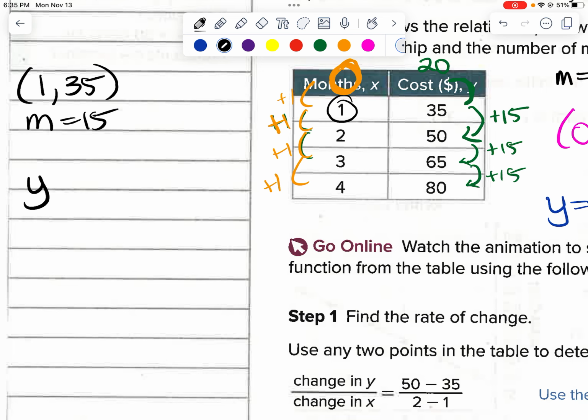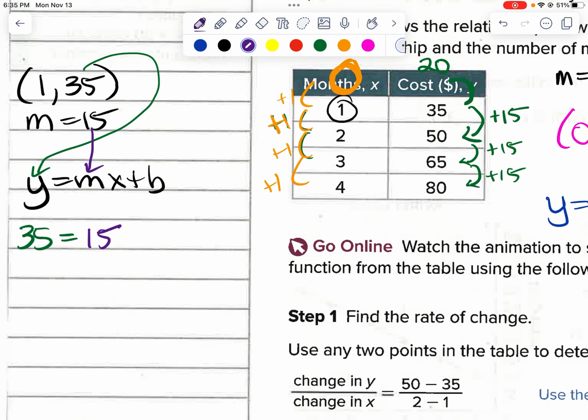We have the equation y equals mx plus b. We're going to replace the y with 35, the m with 15, and the x with 1 so that we can find the b value.